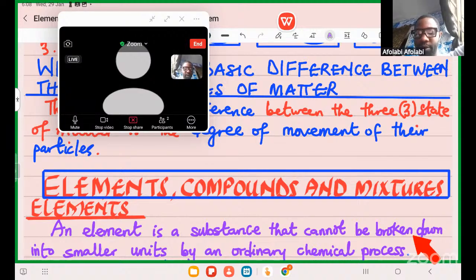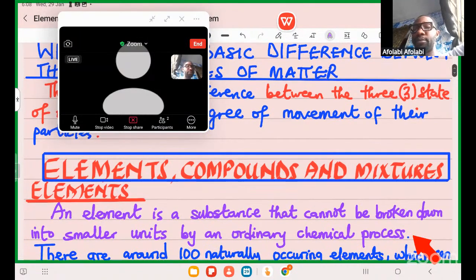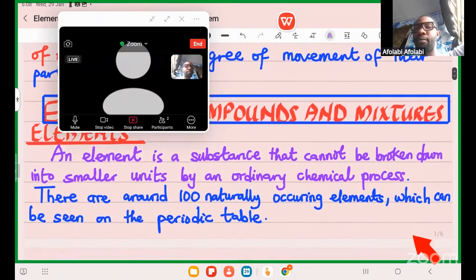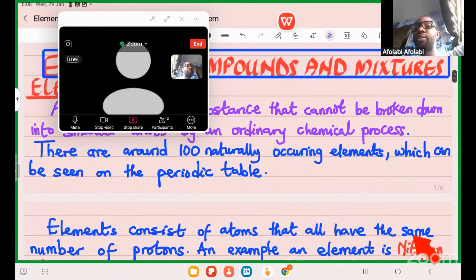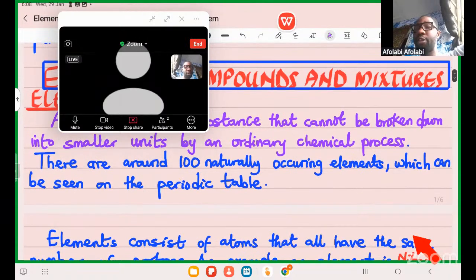Yes or no? I said nuclear process is not ordinary. Okay, nuclear reaction. Do you get that now? Nuclear reaction is a special reaction. All right.